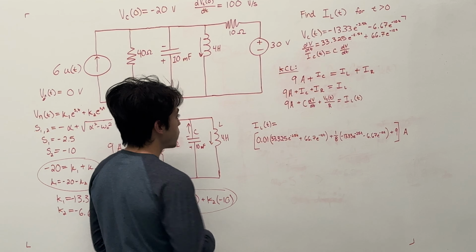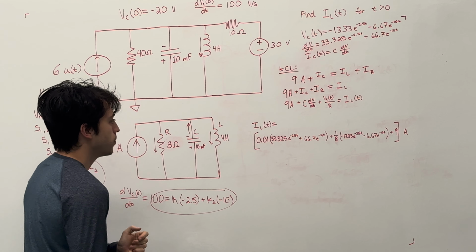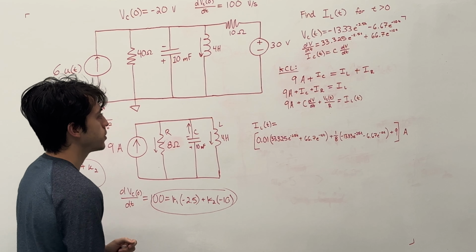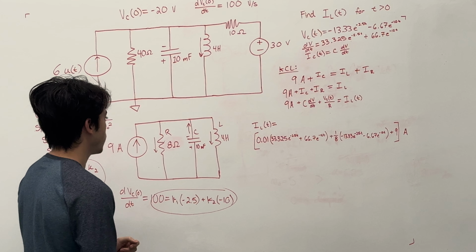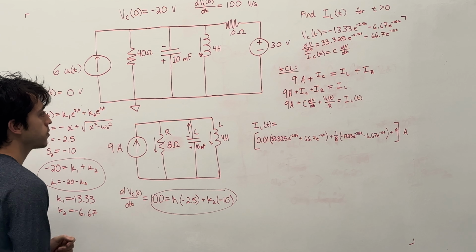Okay, so we come to our last step here. In this case, I would say that integration is easier, but it's probably better that we understand the relationships between the currents and the voltages, and also how to use KCL in this case.